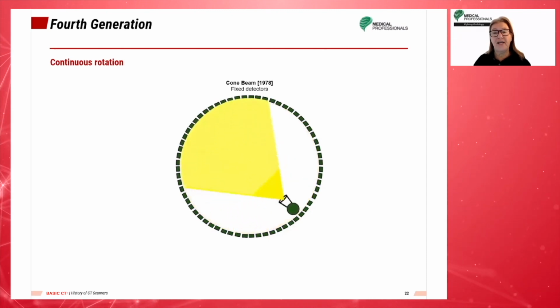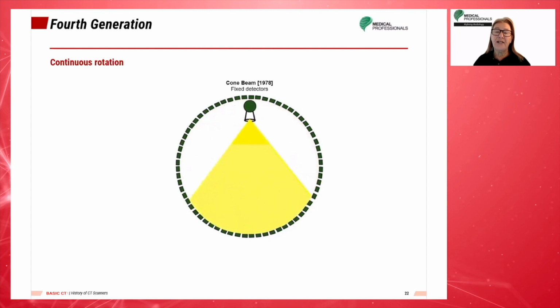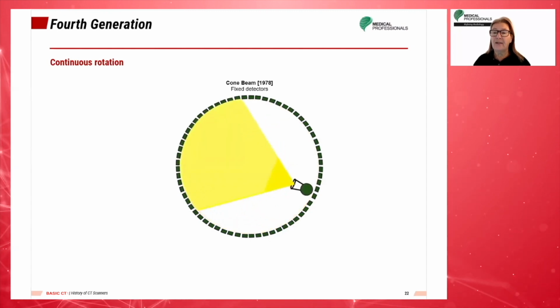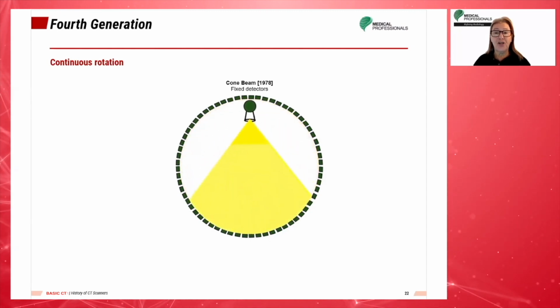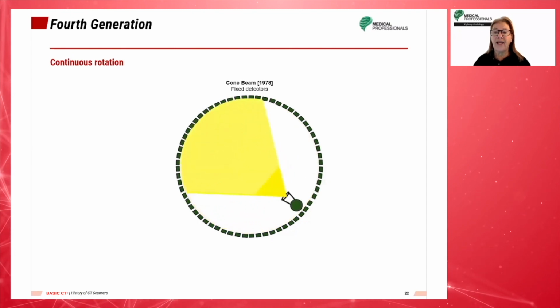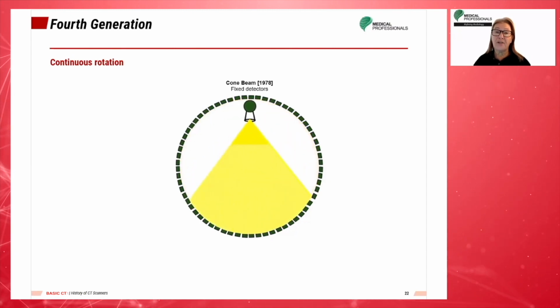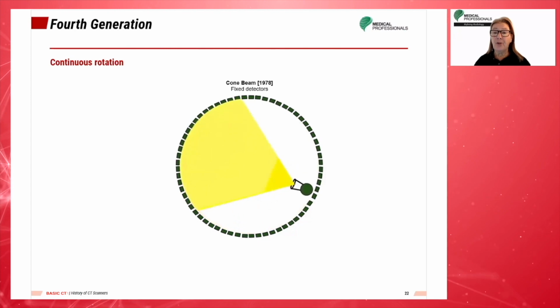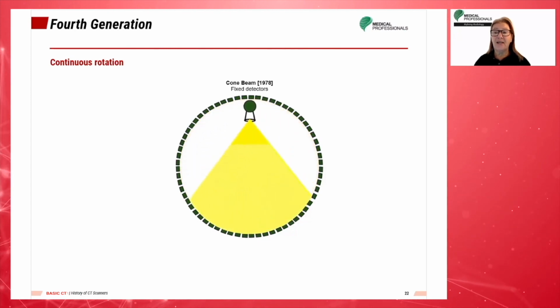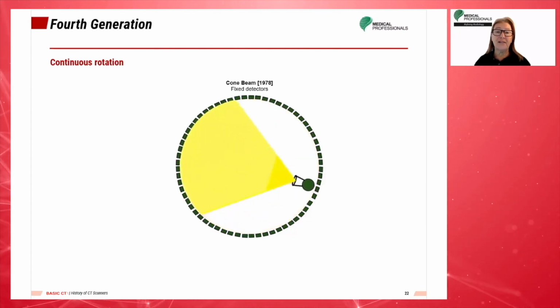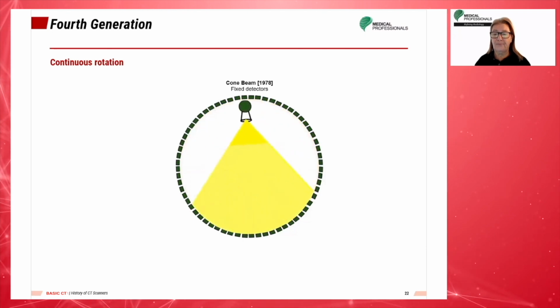With the ring of detectors, movement of detectors was eliminated. The scanning time for this generation was 1 second or less, with some scanners capable of dynamic scans in the range of 15 scans per minute.